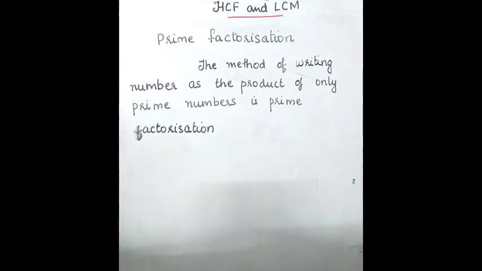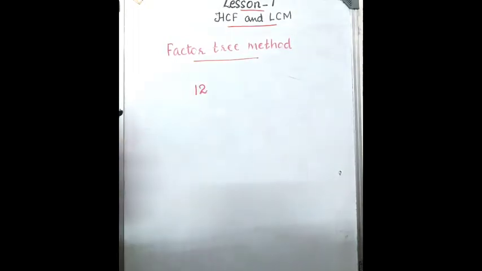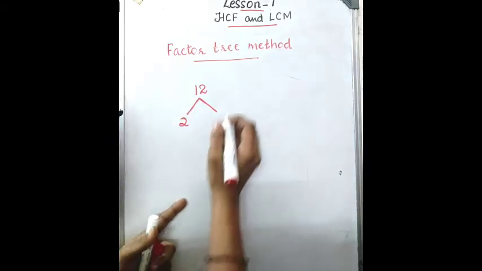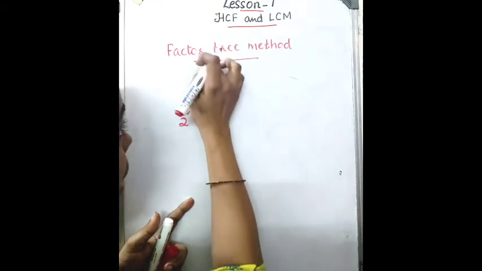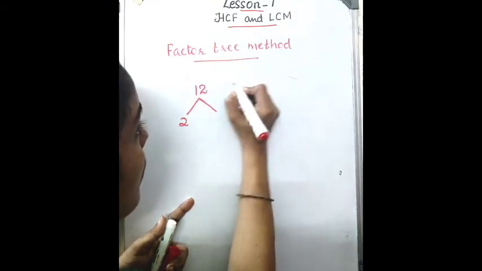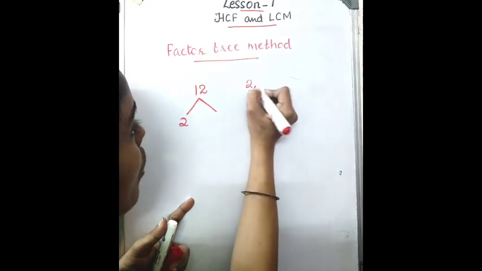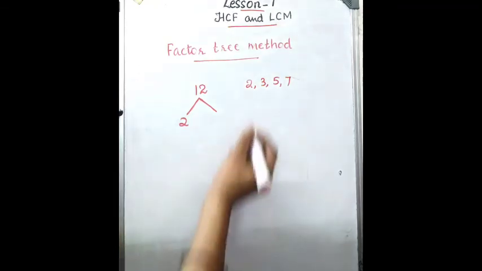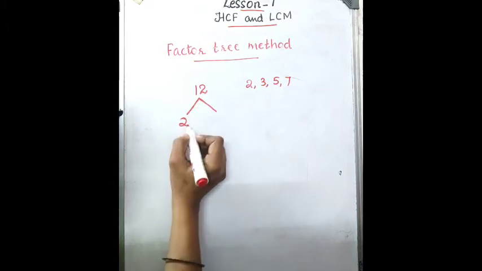Next, the factor tree method. In this method, the numbers are factorized into prime numbers. Look at the number 12. According to the divisibility rule, we can divide this number by 2. According to the factor tree method, we have to divide any number by the smallest prime factors, that means 2, 3, 5, 7, etc. As it is an even number, we can divide this number by 2.